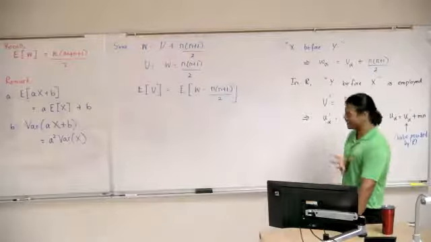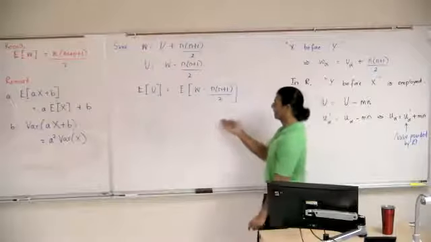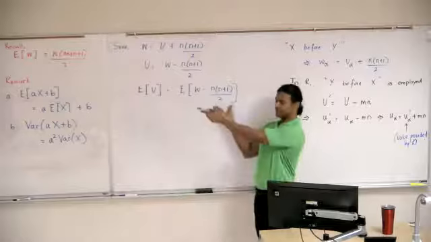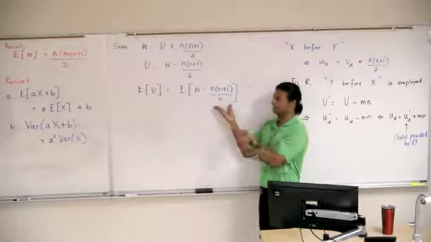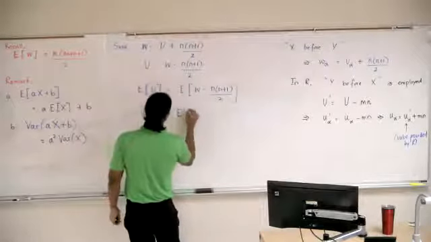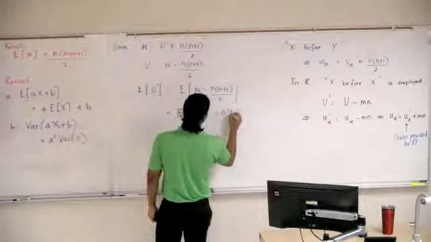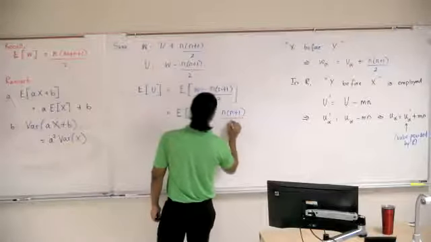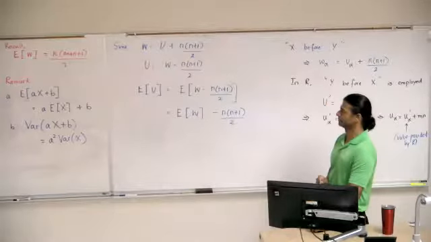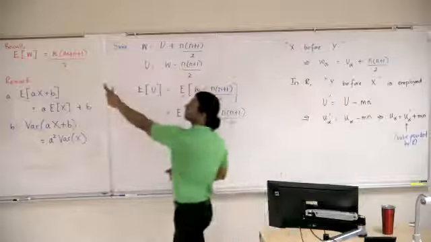Again, statistics is not about just memorizing formulas. You've got to know why it works. Going back to that, B is that constant, A is 1. So I can write this as E of W minus N times N plus 1 over 2. Yes, we know what that is.